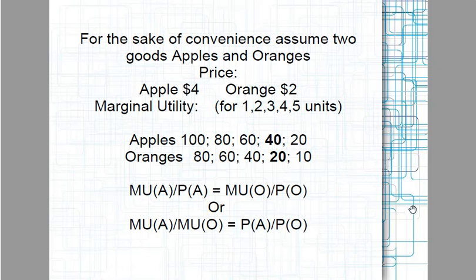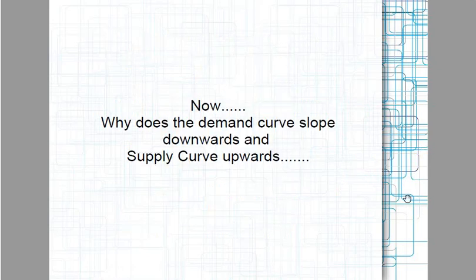And finally, in the next lecture we'll talk about why the demand curve slopes downwards and the supply curve upwards. And we already know that, because if we make a demand curve something like this, it slopes downwards: if the price declines, the quantity demanded increases.